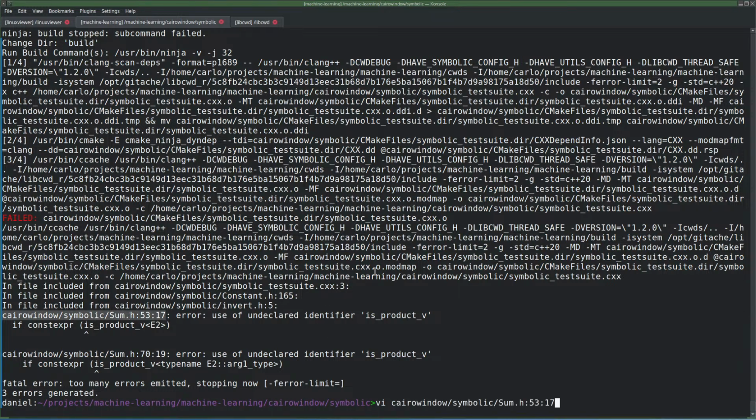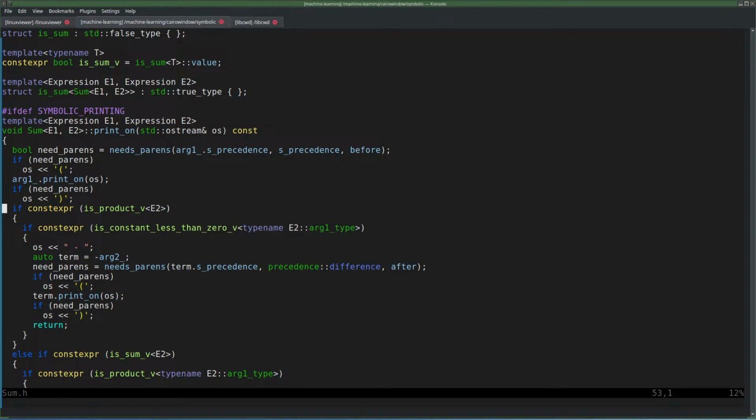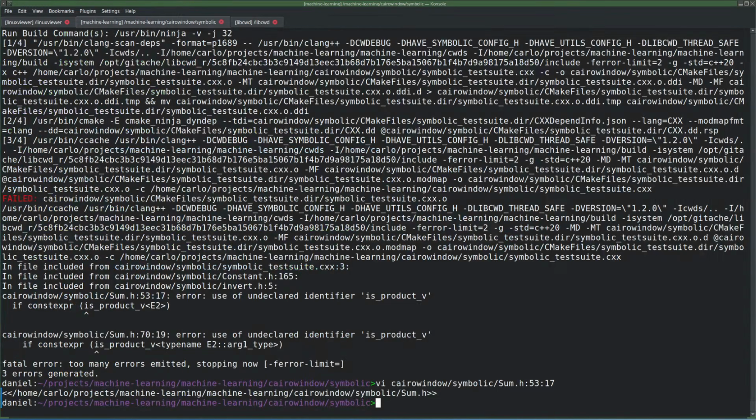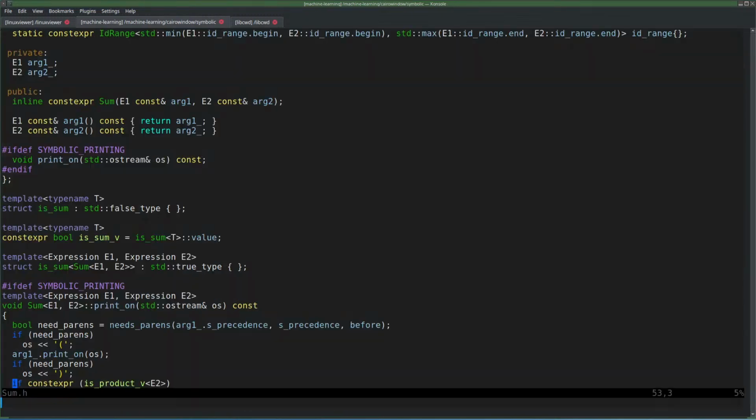Oh, but it's in sum.h. So, okay, that's not really what? If I call this, why is sum not including product.h then? At the very least, it should do that because it's using this product.